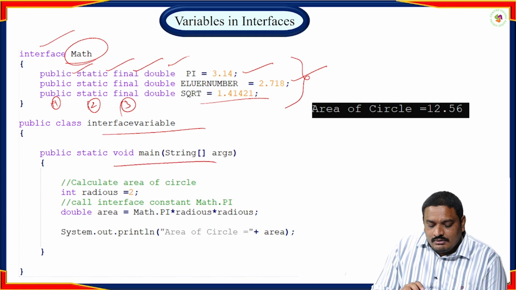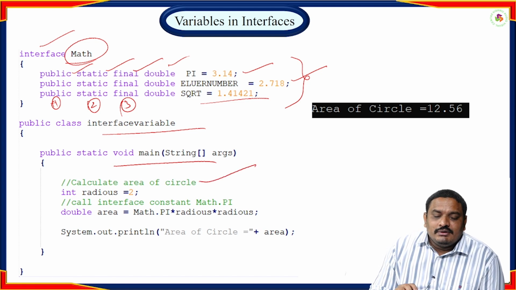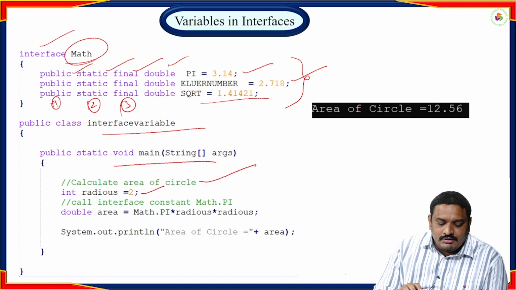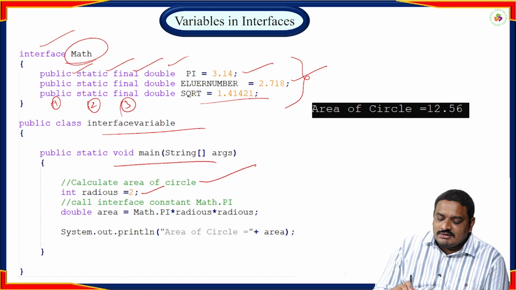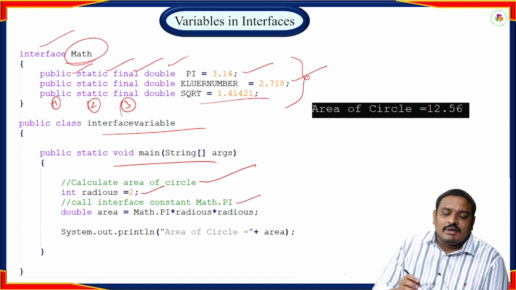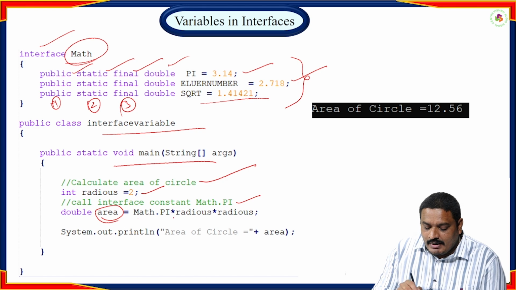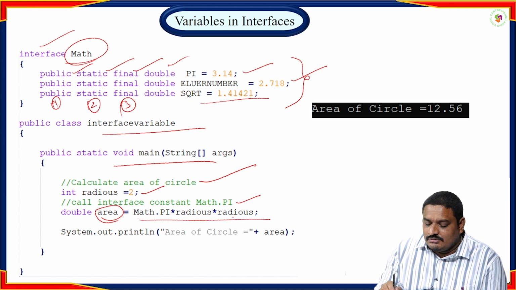We have to calculate the area of the circle if radius equals 2. Int radius equals 2. Now call the interface constant, that is Math.PI. Now we can calculate the area for the particular value. What is the formula? Math.PI into radius into radius.